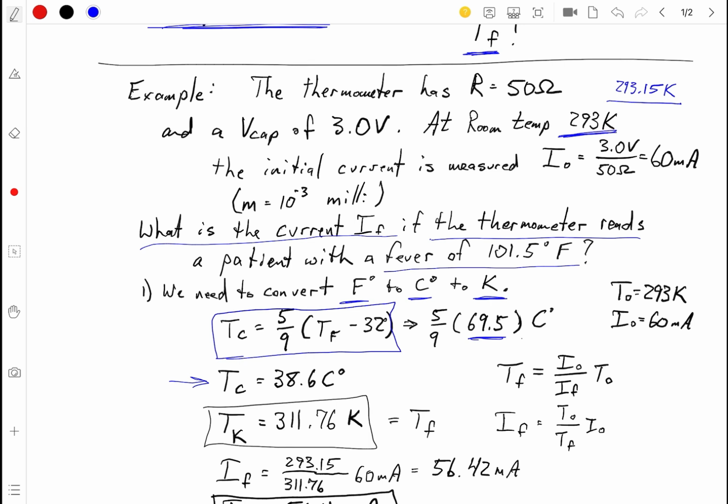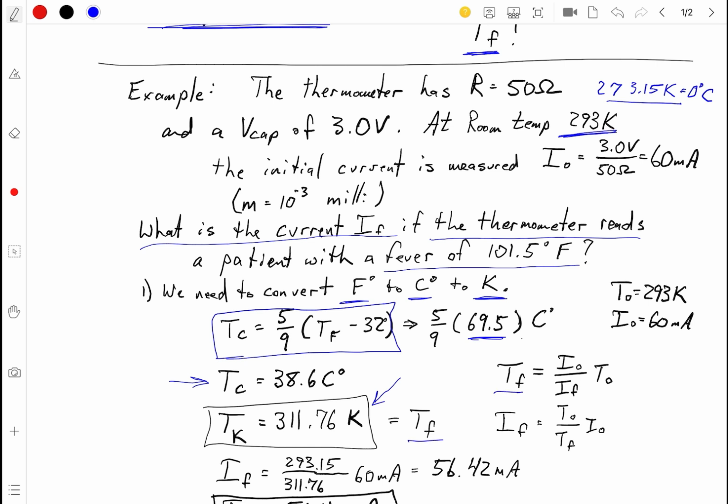I wrote 293, but I really wanted to write 273. 273.15 is equal to 0 degrees Celsius. So we're going to use that and convert our 38.6 degrees Celsius to Kelvin. And this is what we get. So that's our T final in Kelvin.